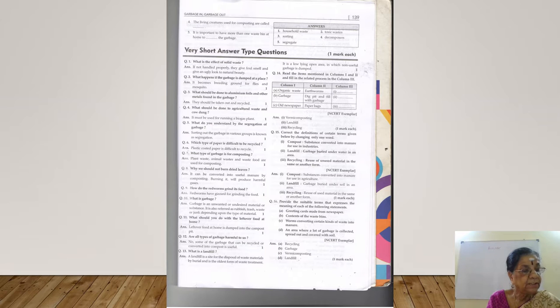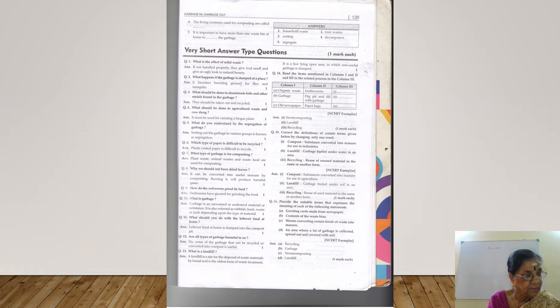Then read the items mentioned in columns 1 and 2 and try to fill them in. First vermicomposting, second landfill, third recycling. Then correct the definition. Write the compost definition, landfill definition, recycling definition.